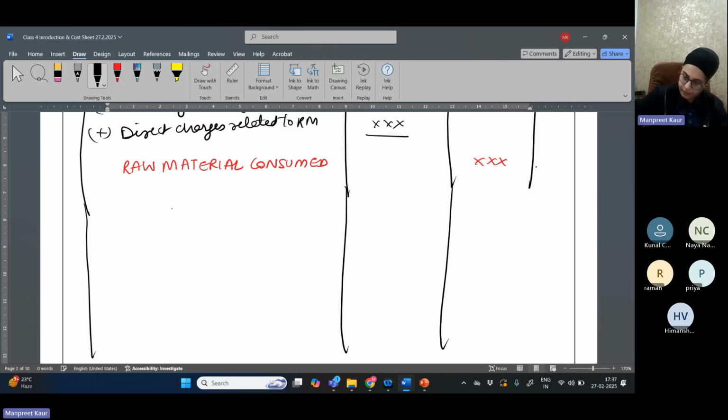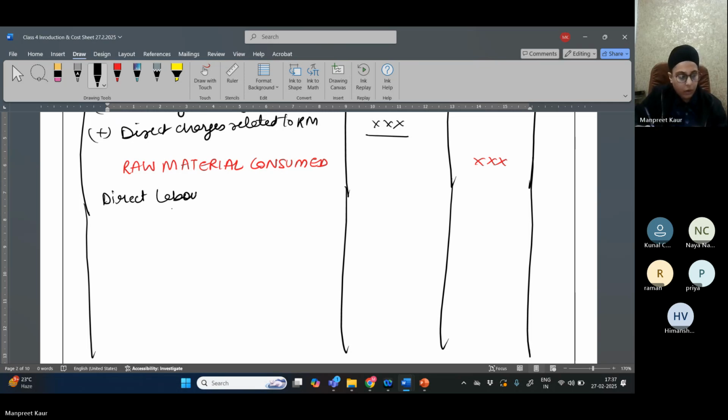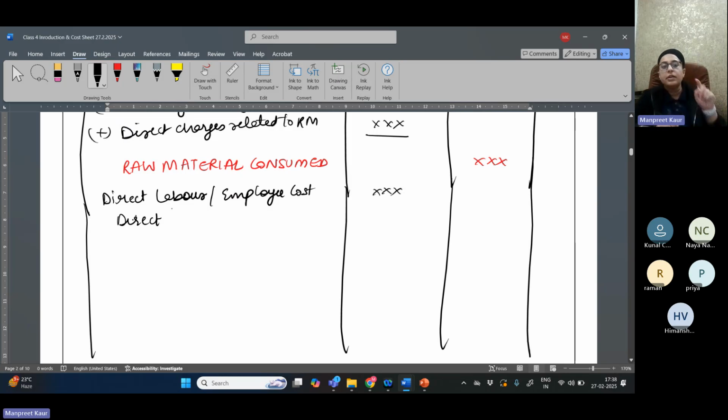Next is the prime cost, which includes direct labor, or we can say employee cost, and direct expenses. Direct material, direct labor, direct expenses is the prime cost.